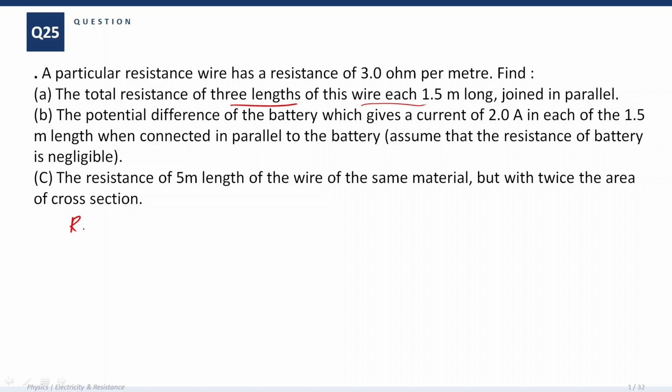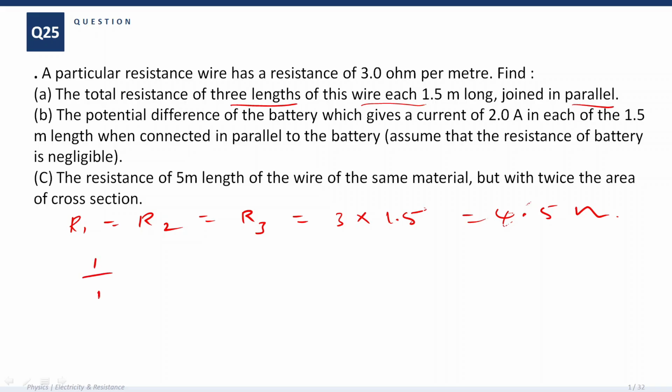R1 equal to R2 equal to R3, resistance 3 per meter for 1.5 length, then you will get 4.5 ohms. Now arrange in parallel connection.